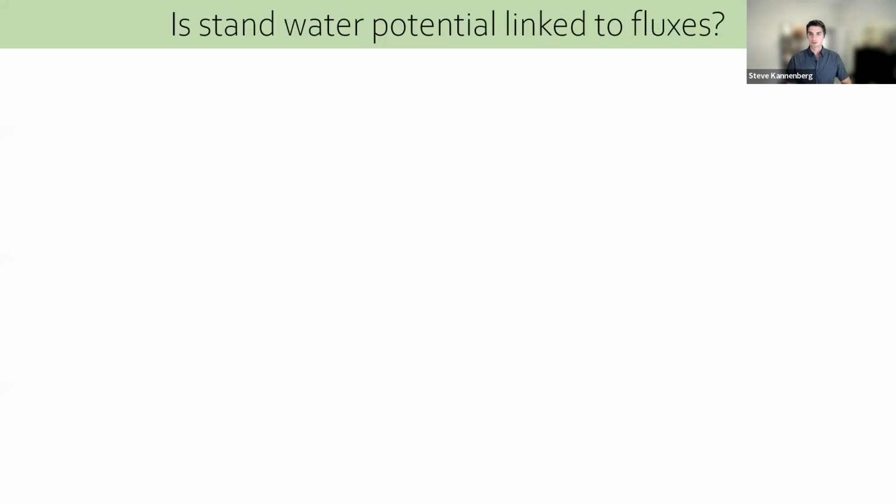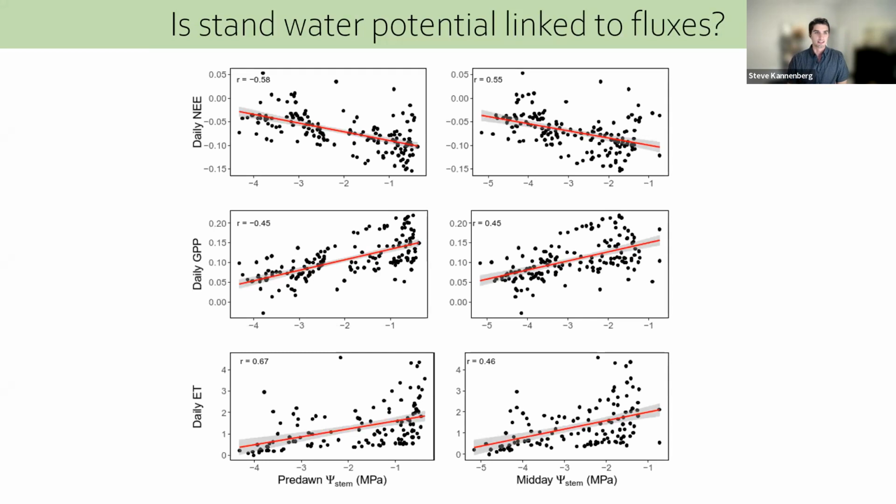Okay, now on to the second question here. Is stand water potential linked to fluxes? If you're a person who is involved in any sort of plant hydraulics research, you probably already know the answer to this, and that it's yes.